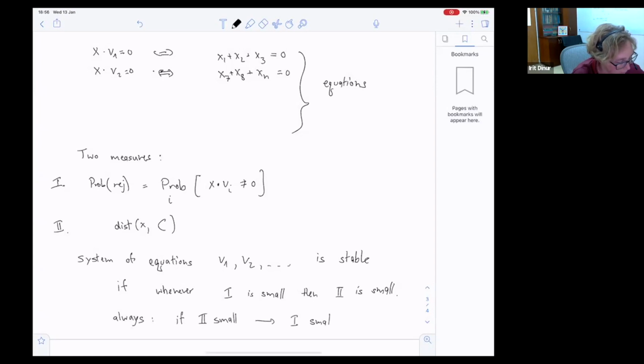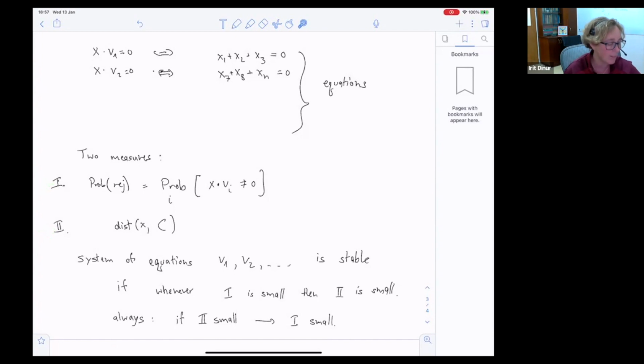Why is this true? Think of a perfect codeword, a string x that satisfies every single one of these equations. Now you take x and you flip a bit or 2 bits. Because these Vi's, these equations, are very sparse, the probability that you flipped a bit that even affects Vi is very tiny. So when you start from a legal codeword and you change just a little bit, so the distance, measure number 2, is small, you're guaranteed that only a few constraints will reject.